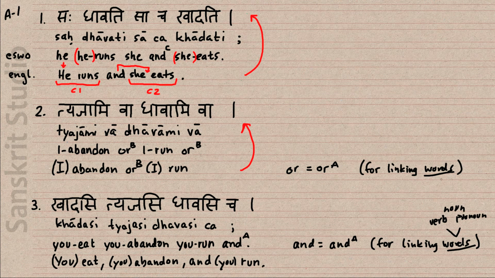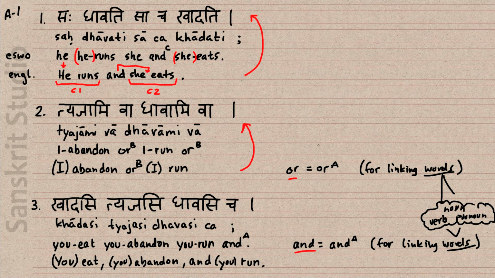Same here. They are sharing this in the middle there. So if we're linking a noun, if we're linking a verb, if we're linking pronouns, and we find either the or or the and without index, then we are assuming it's A syntax.